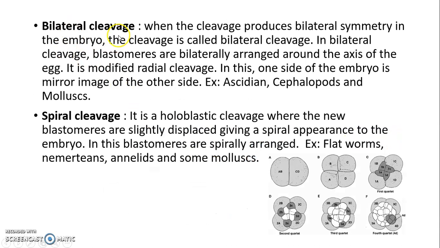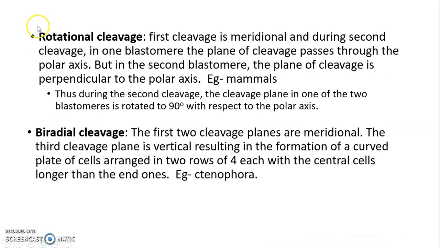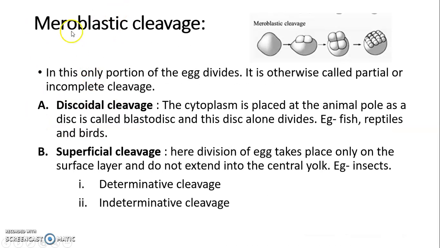Radial, bilateral, spiral, rotational, biradial all come under holoblastic. The second one is meroblastic. Meroblastic means part of the egg divides: discoidal cleavage and superficial cleavage. Within superficial, there are determinative and indeterminative. This is about the patterns of cleavage.